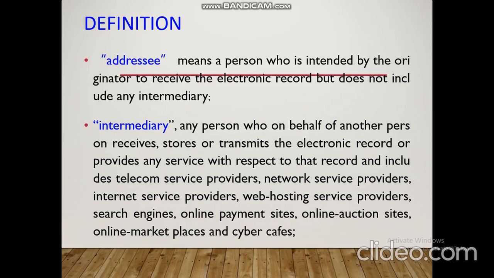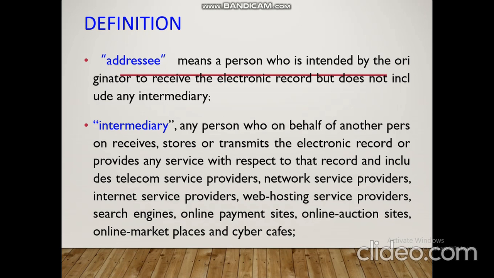And next you have intermediary. Any person who on behalf of another person receives, stores or transmits the electronic record or provides any service with respect to that record, and includes telecom service providers, network service providers, internet service providers, web hosting service providers, search engines, online payment sites, online auction sites, online marketplaces, and cyber cafes.